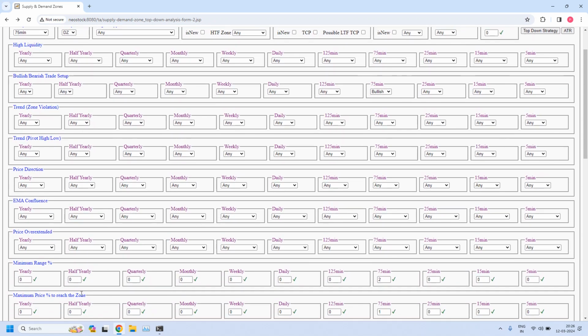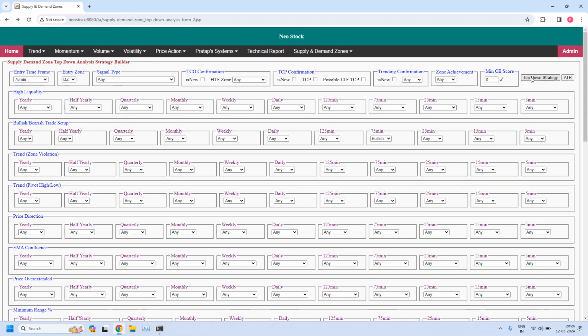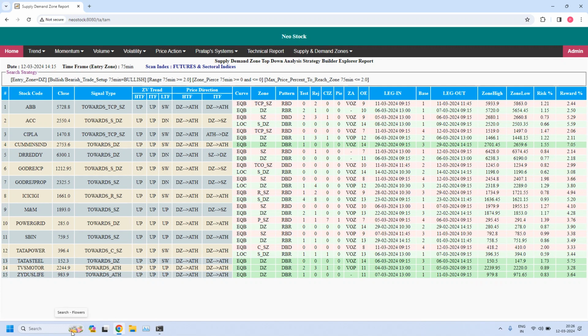So maximum price percent to reach the zone, in the 75 minutes, I am changing the value from 1% to 2%. Now I set the 2%. Let us filter. So total 15 stocks. Within 15, we have stocks near 1% to the demand zone and the remaining are 2% to the demand zone. So this list is good enough for you to do your analysis and find your right stock.